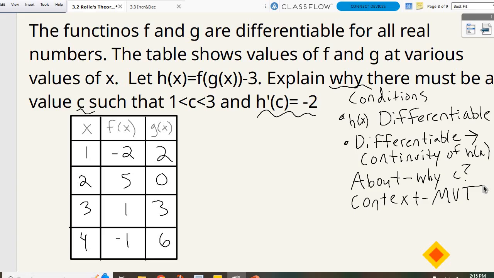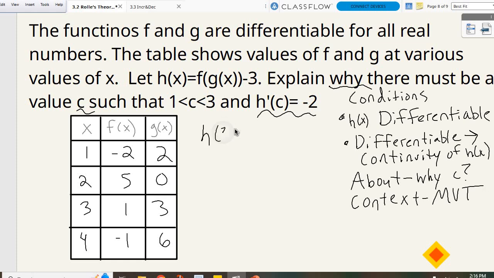Average rate of change. Well, they already gave us the instantaneous rate of change part, right? We want h prime of c to equal -2. Okay, so what does that mean we must find, though? For what function? H of x, right? Because I'm trying to prove something about the h prime of x. That means that I have to find my average value also for h of x.